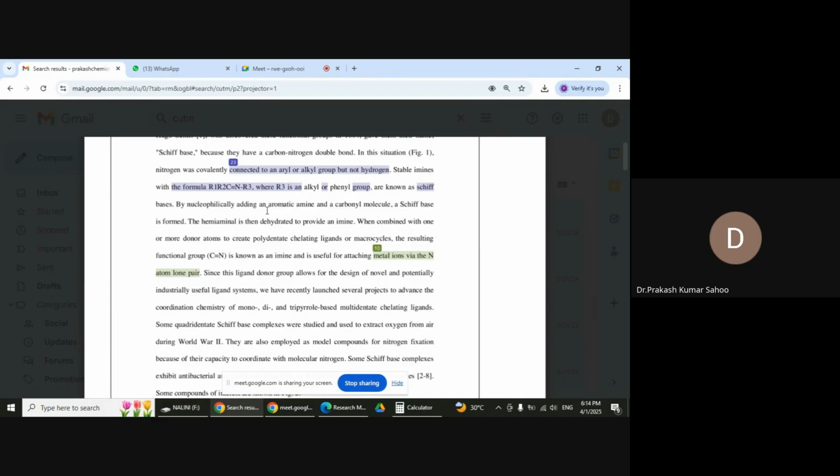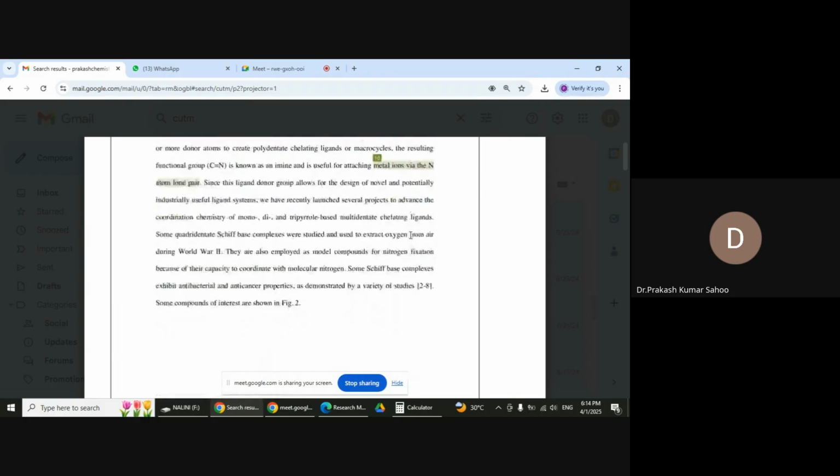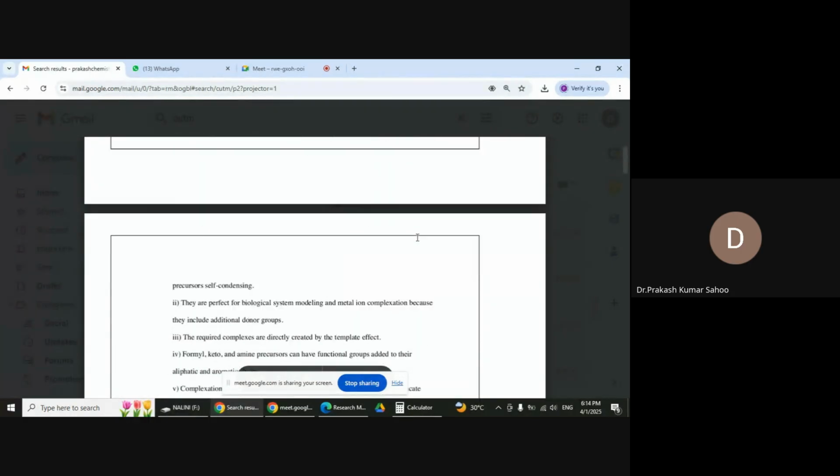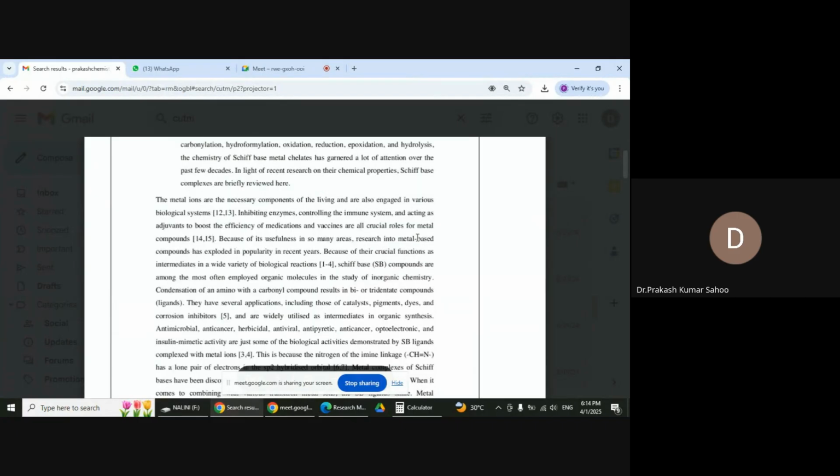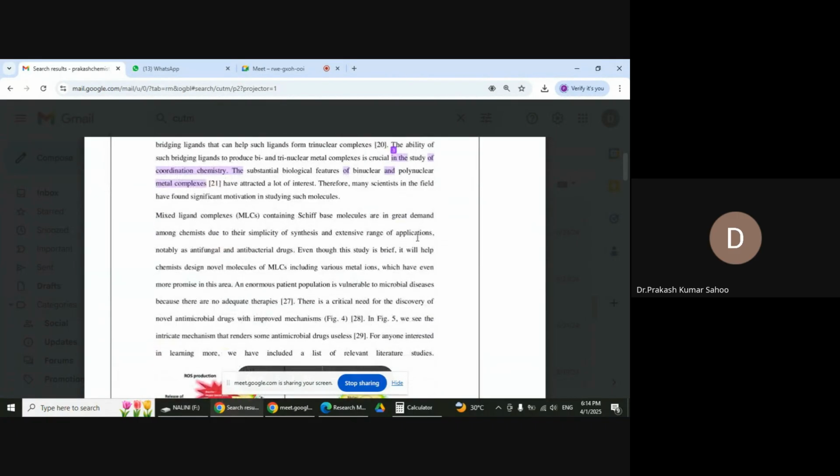That means these are the three words which are continuously copied, but here between alkyl and phenyl, see here, "or phenyl group," that means these two are plagiarism. So like this, the words that are not copied, your own words, are not highlighted, while the plagiarized words are highlighted here.